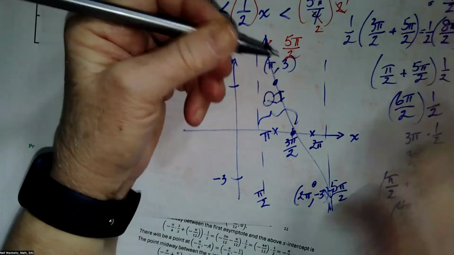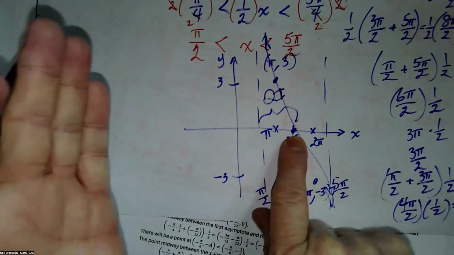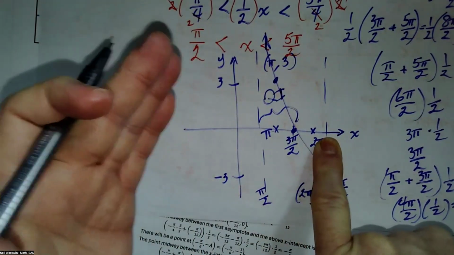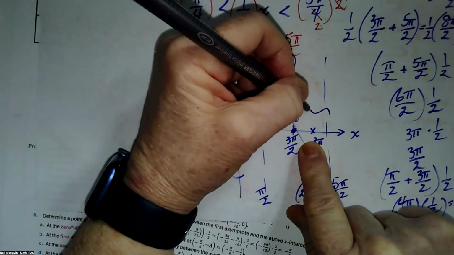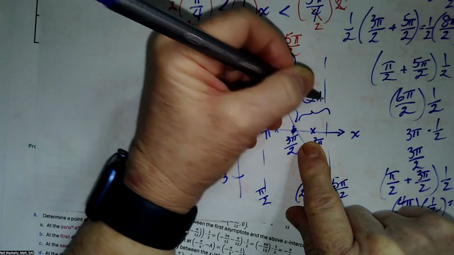And the space between the center and the second vertical asymptote, that's quadrant 2.